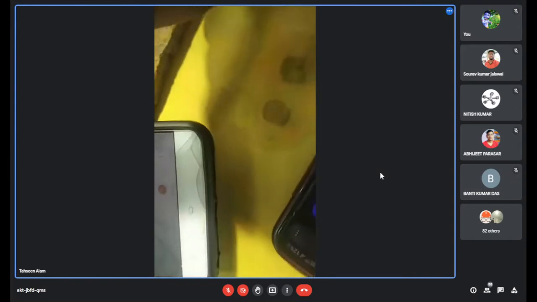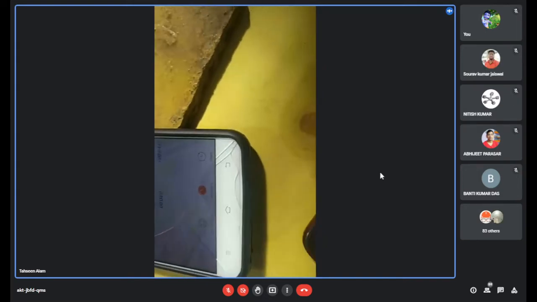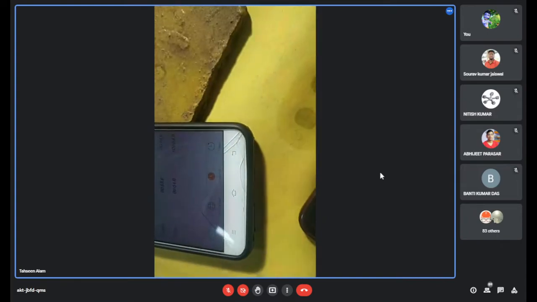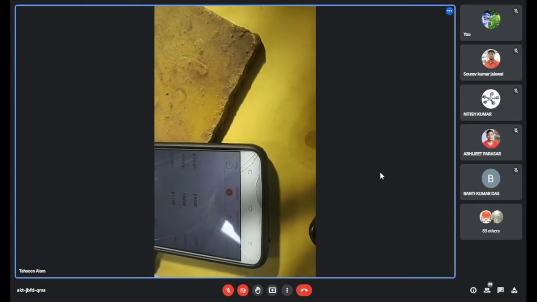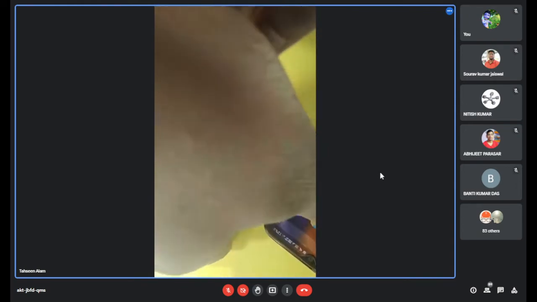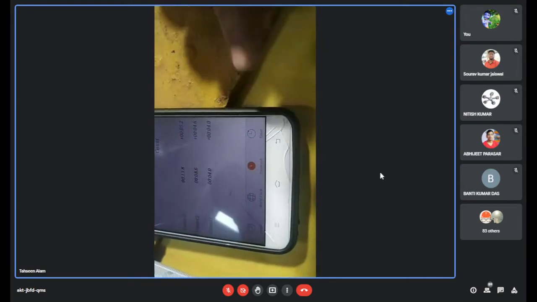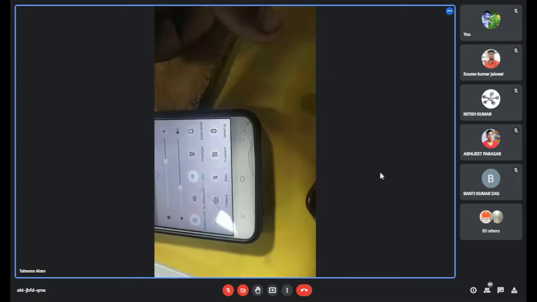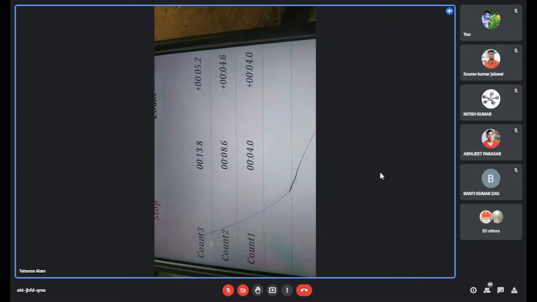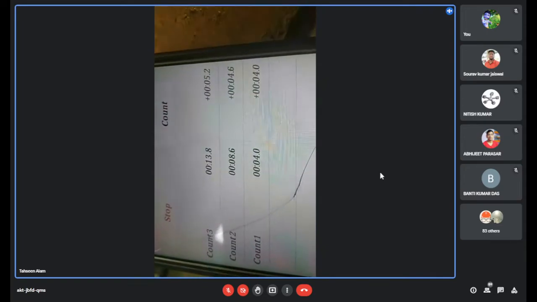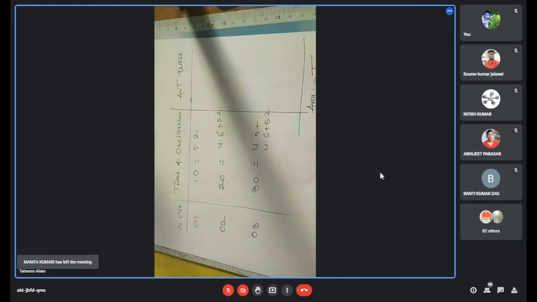From downside up, 10 oscillations at 4 seconds, then next 10 oscillations at 4.6 seconds. You can see the timing taken for the 10 oscillations, 20 oscillations, and 30 oscillations, and we have written down these timings here.